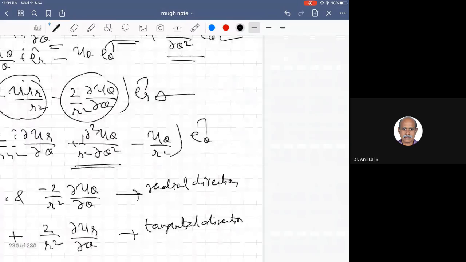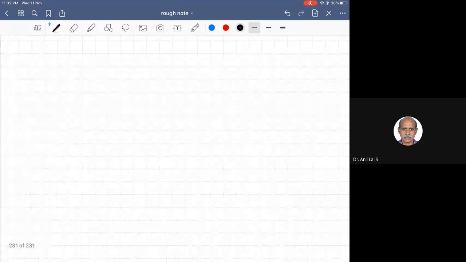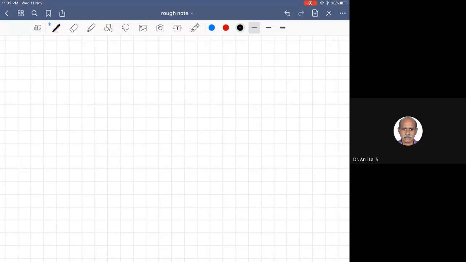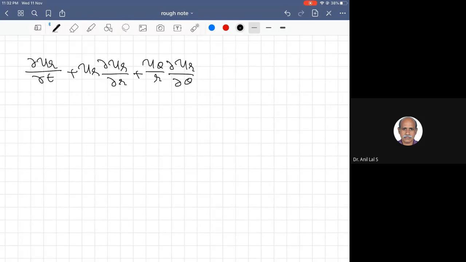So altogether, for the polar coordinate system the expanded form of the Navier-Stokes equations is: dou ur by dou t, the time derivative, plus ur dou ur by dou r plus u theta by r dou ur by dou theta minus the centrifugal force, it's not centrifugal force, centripetal acceleration along the radially inward direction, and this entire thing is multiplied by er.